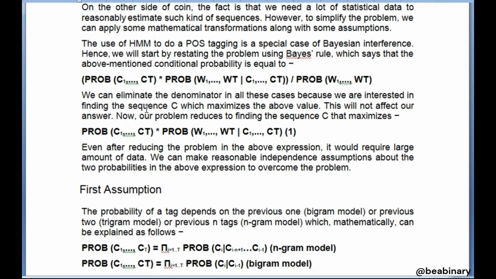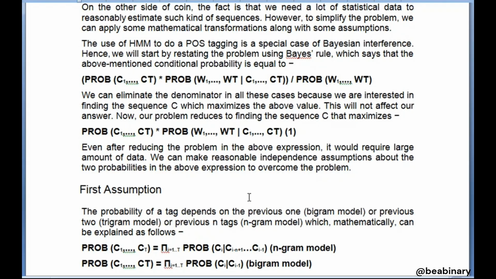So we are presenting this mathematically. We can ignore the denominator in all these cases, because we are interested only in finding the sequence of tags which maximizes the above value, so there is no effect on our answer from the denominator.